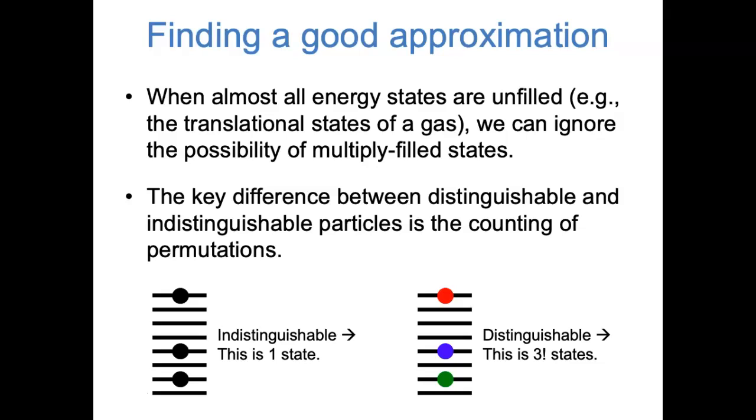But if we have 3 distinguishable particles and have marked them with different colors because we can label them, in those same 3 energy levels, there are 6 ways of arranging them, because there are 6 ways of ordering 3 particles. The way you can figure out that there are 6 ways of ordering 3 particles is that we have 3 choices for the first particle, times 2 remaining choices for the second particle, times 1 remaining choice for the third particle. So that means there are 3 factorial permutations of 3 particles.